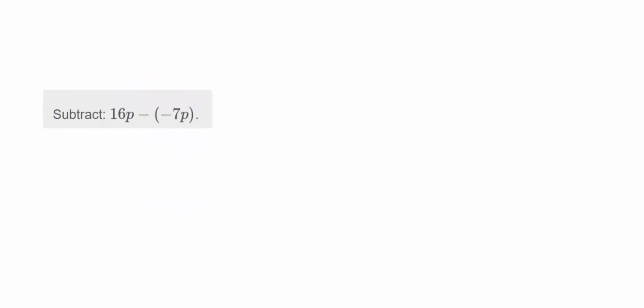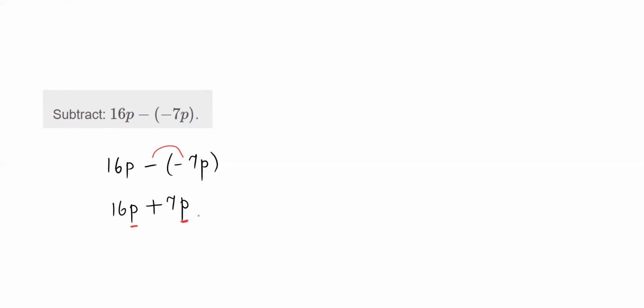Let's talk about this one. Subtract 16p minus negative 7p. So 16p minus negative 7p, we have to combine the signs because you need to distribute it. 16p plus 7p. Now look at the two terms and see if they are like terms.